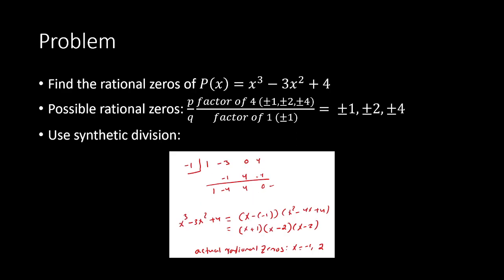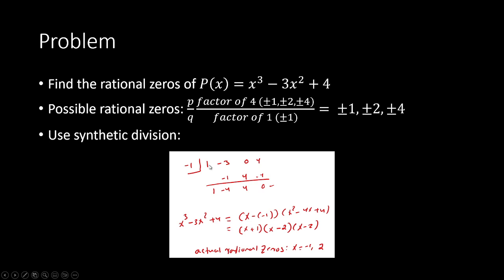Okay, look at this problem. We have x cubed minus 3x squared plus 4. Look at all the possible rational zeros. I find the factors: plus or minus 1, plus or minus 2, plus or minus 4, over plus or minus 1. Divided, you get plus or minus 1, plus or minus 2, plus or minus 4. If you use synthetic division, you could find the actual zeros.